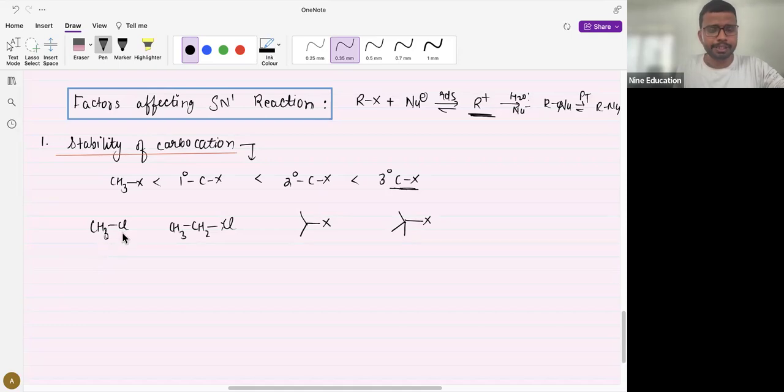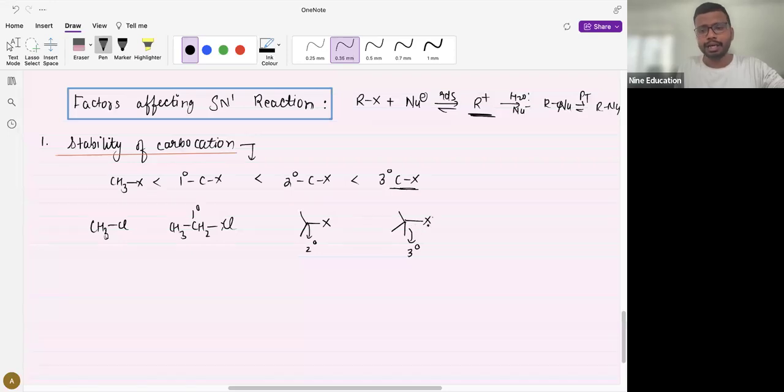This is a 1 degree carbon with chlorine on it, this is a 2 degree carbon, this is a 3 degree carbon. On which will the more stable carbocation be made? In that, your SN1 reaction will be more favored. So 3 degree carbocations are always more stable.